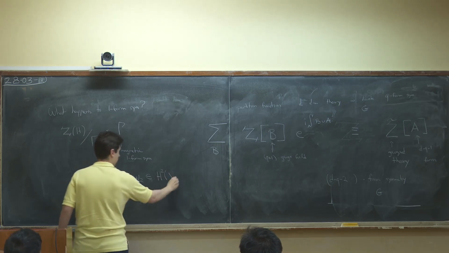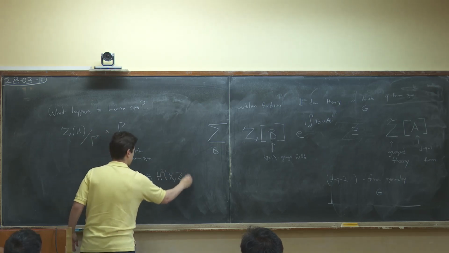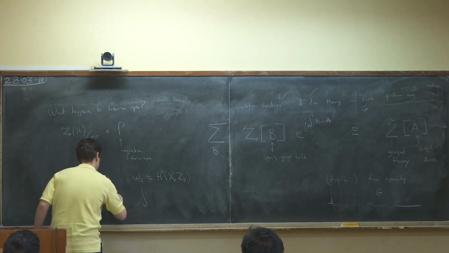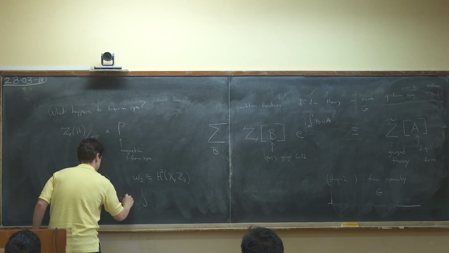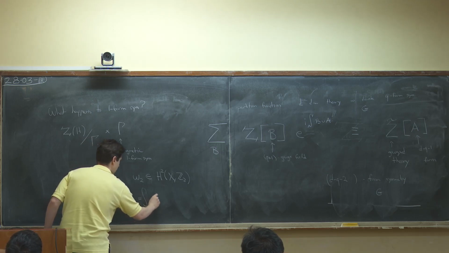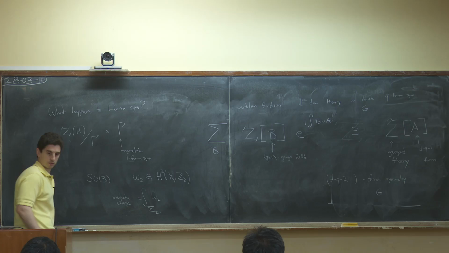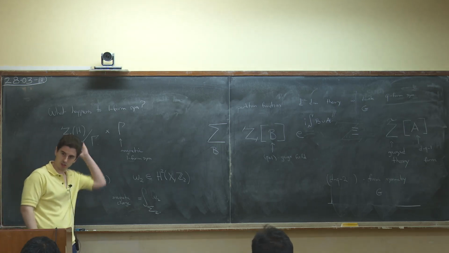So it's in H2 of X with coefficients in Z2. And I can measure magnetic charge by integrating W2 along some surface. This is a mod 2 measure of magnetic charge.